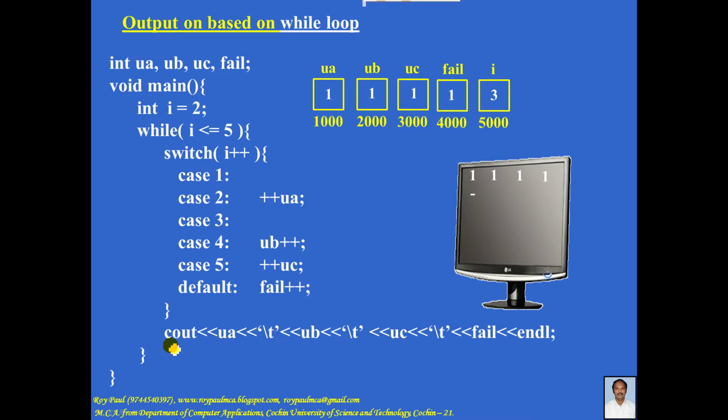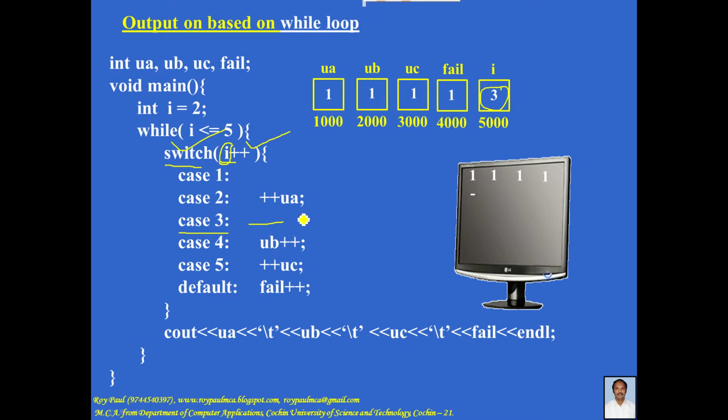Now after executing this cout, control comes here. I contains 3, so 3 less than or equal to 5. Condition true, so control comes inside. Now here multiple operations are there. Postfix, use and change, meaning the current value for I, which is nothing but 3, should be used for switch. After that I plus plus. So 3 should be used for switch, which means control goes to case 3.